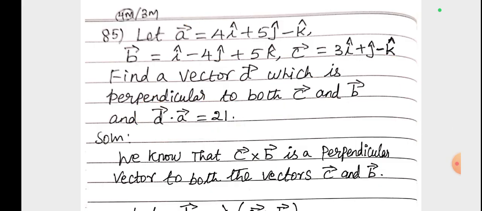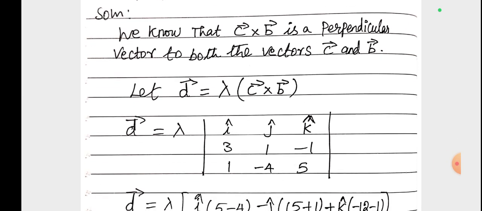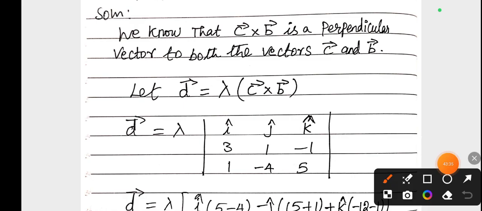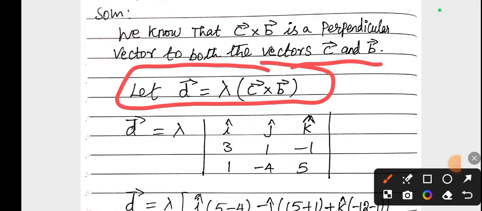Since we know that C vector cross B vector is perpendicular to both the vectors, D vector will be lambda into C vector cross B vector. This is a concept: when some vector is perpendicular to two vectors, we can cross the two vectors and just put lambda.